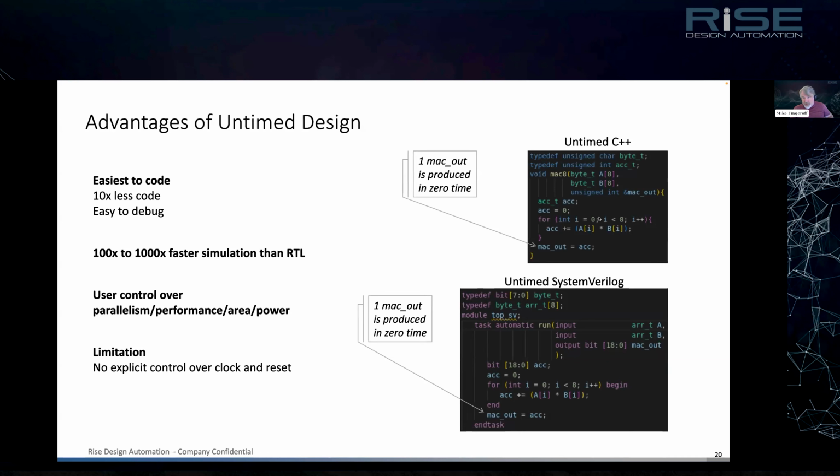It's got a loop with 8 iterations, and there are no clocks, no resets, and no wait until posedge clock. This is going to give you the fastest simulation speed and the most flexible coding style. But as I mentioned, there may be reasons why we want to add time in. When you simulate this, one Mac is produced every function call, so there's no concept of time in this case.